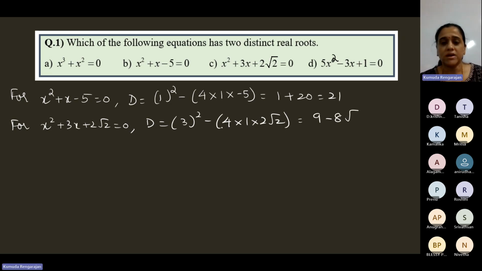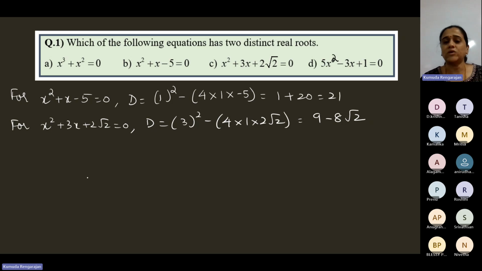Correct? 9 minus 8 root 2. And what's the value of 8 root 2, children? It's 8 into 1.414, you just multiply. When you do that, it will be more than 9, a little more than 9, definitely.